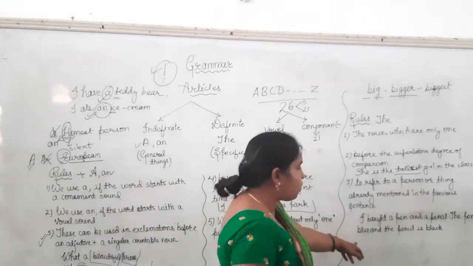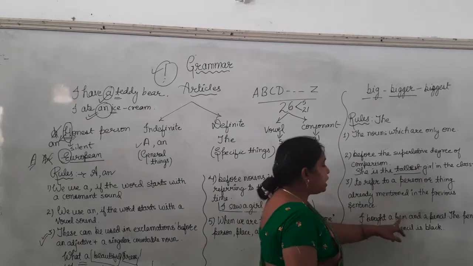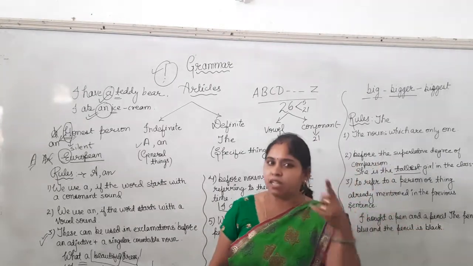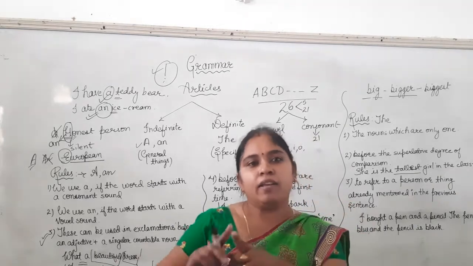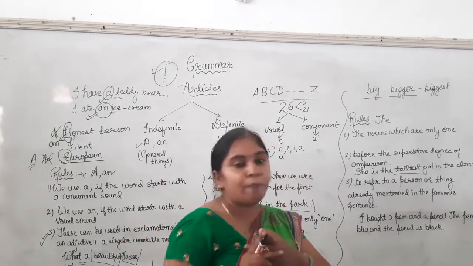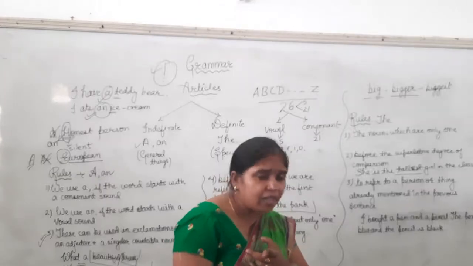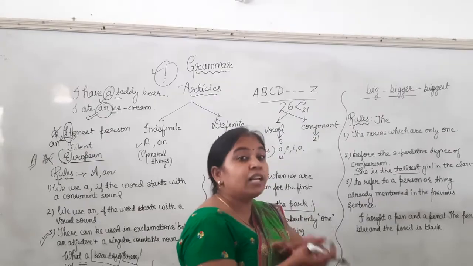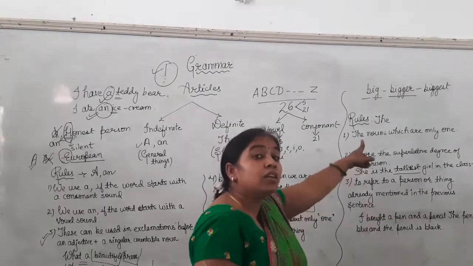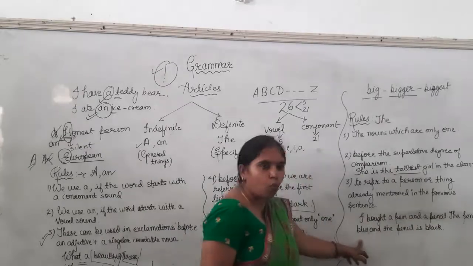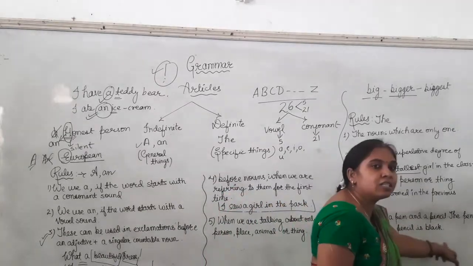Here we have an example also. I got a pen and a pencil. This is the first line. So here for both the nouns, "a" will come: a pen and a pencil. But when we talk about these two nouns again, that time we use the article "the". The pen is blue and the pencil is black.